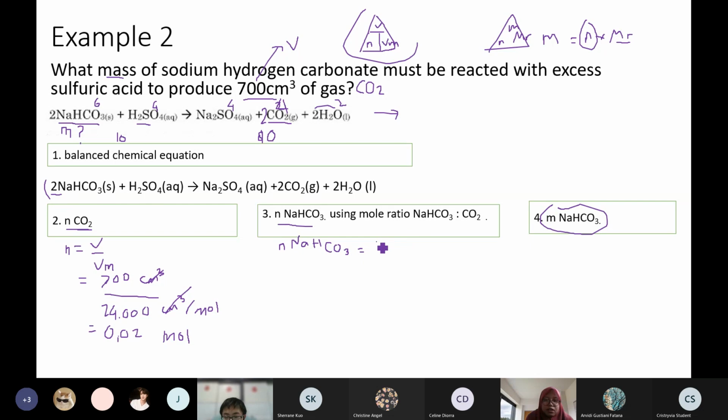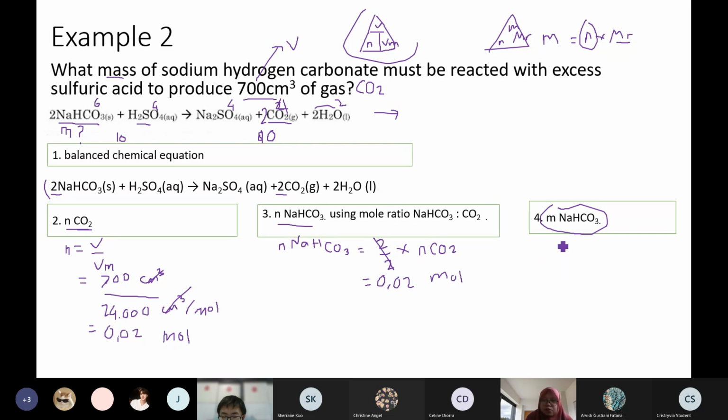The coefficient of NaHCO3 we put on the top, and then the coefficient of CO2, also 2, times mole of CO2. We can cancel 2 over 2, so it equals the number of moles of carbon dioxide, 0.02 mole.